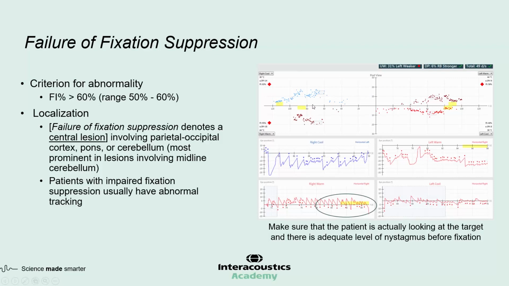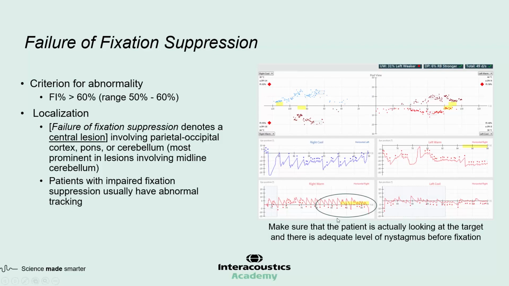It's the same way for both cool and warm irrigations, so for both directions of nystagmus. I would expect this patient to also have some form of tracking abnormality in the smooth pursuit test, because most often the fixation suppression abnormality and abnormal smooth pursuit go hand in hand.